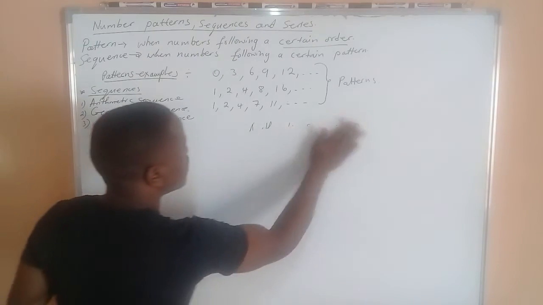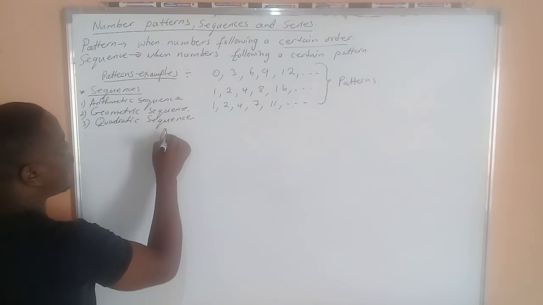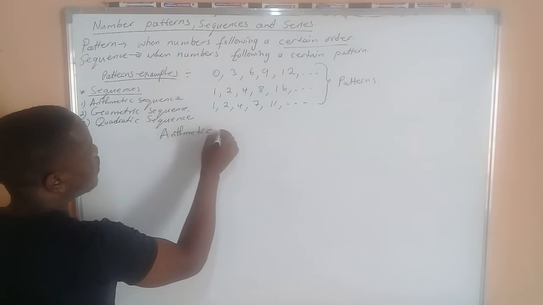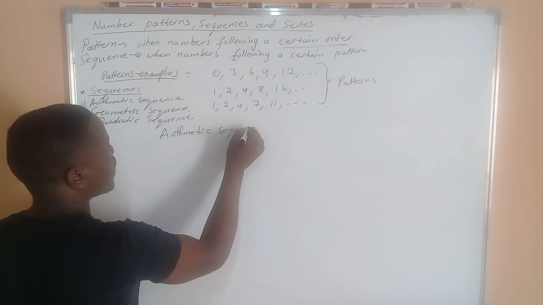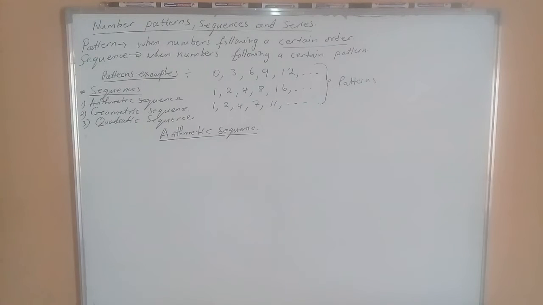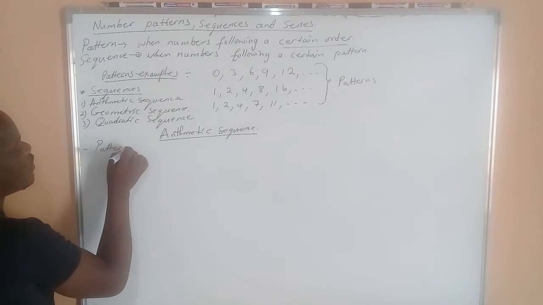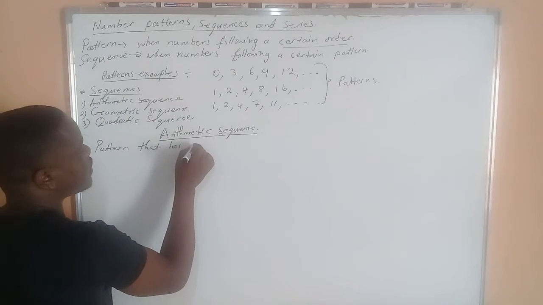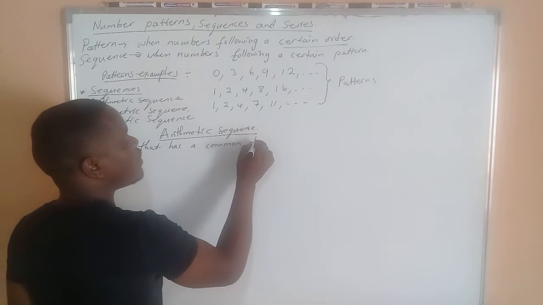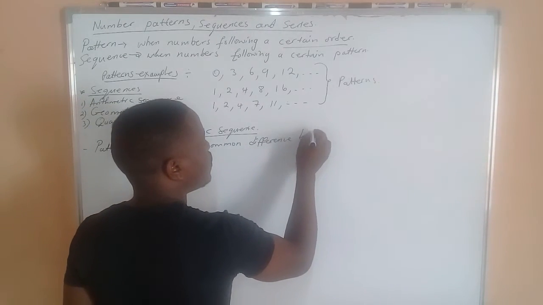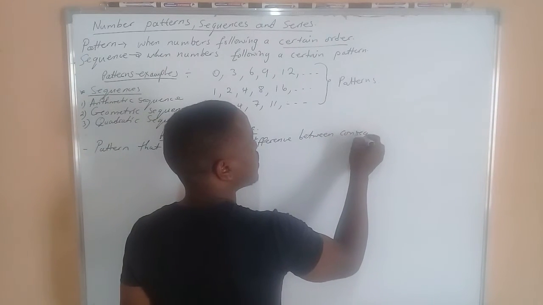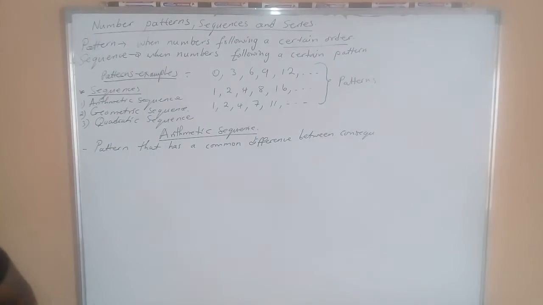Let me write it here. Arithmetic sequence is when a pattern has a common difference between consecutive numbers or terms. Oh, where is my rubber?